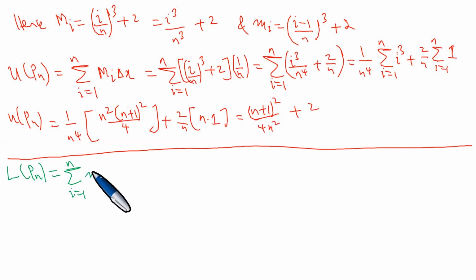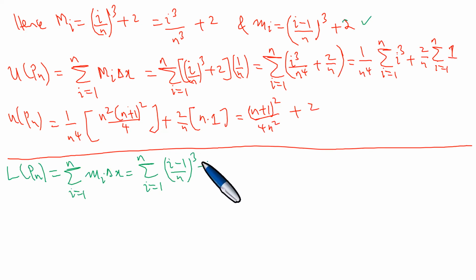It is small m i delta x. What is the small m i? This is the number 2. So that's going to be (i minus 1) over n cubed plus 2. The delta x is the change, 1 over n.